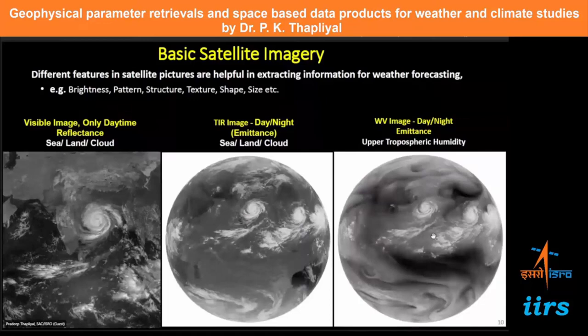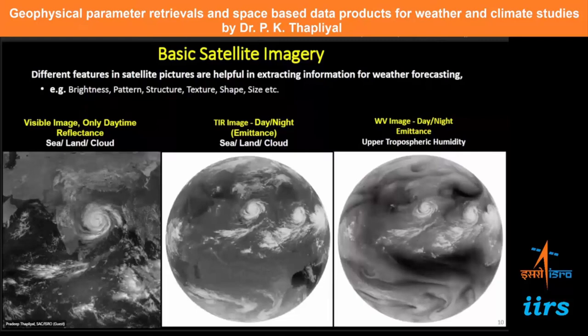Okay. Similarly, if you go to water vapor absorption band, now water vapor absorption band is a band about 6.5 to 7 micrometer region, where water vapor absorbs this infrared radiation. Now, whatever radiation is emitted from Earth's surface is getting absorbed by the water vapor just above the Earth's surface, maybe at 5 kilometer or 10 kilometer.